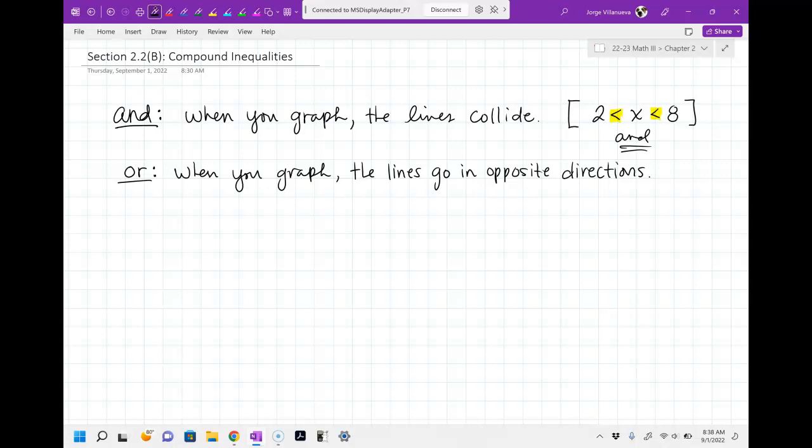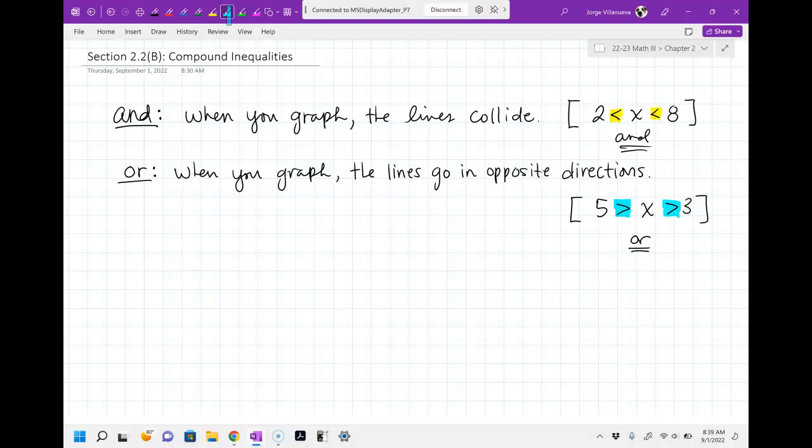But if they don't have it, then you may see something like this. This would be an or. And notice they're pointing to the right.